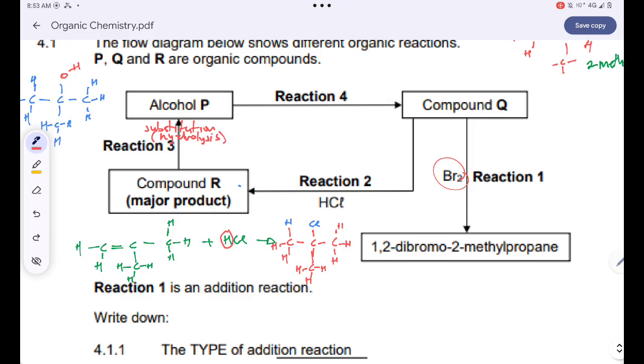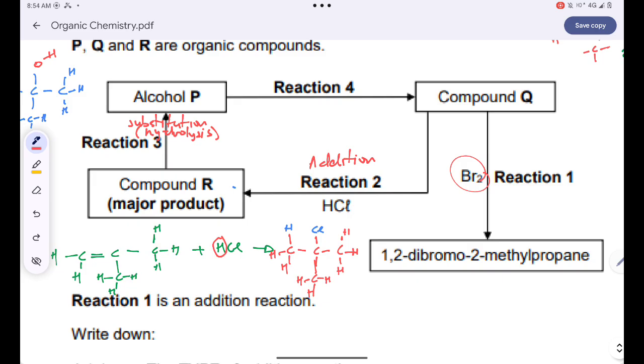For reaction 2, remember that this was reaction 2, right? We add in a hydrogen halide. So this was addition reaction, and the type of addition reaction is hydrohalogenation, since you are adding a hydrogen halide.